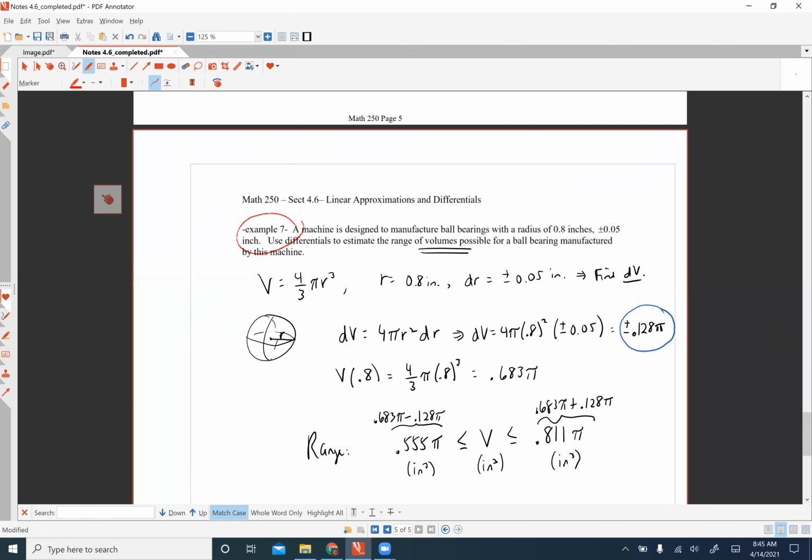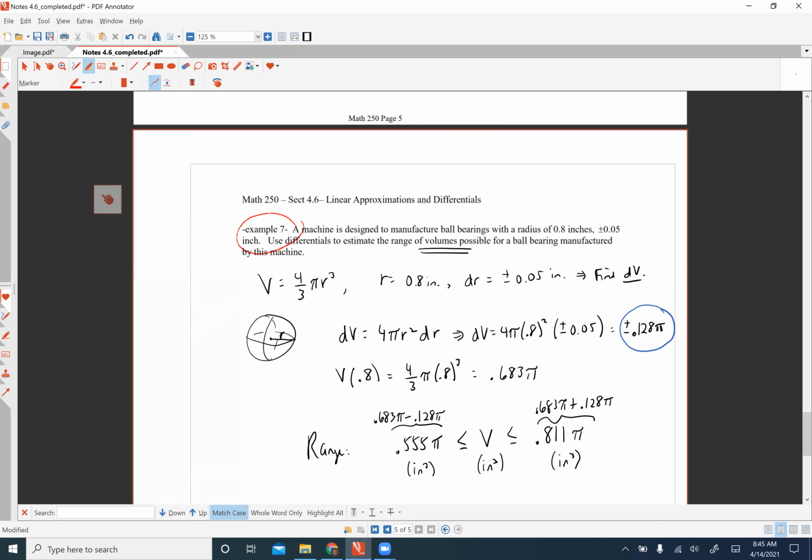Samples have been measured and the radius is found to be off by about 0.05 inches. So the ball bearings are actually anywhere from 0.75 to 0.85 inches, which percentage-wise is kind of a lot. Use differentials to estimate the range of volumes possible for a ball bearing manufactured by this machine.